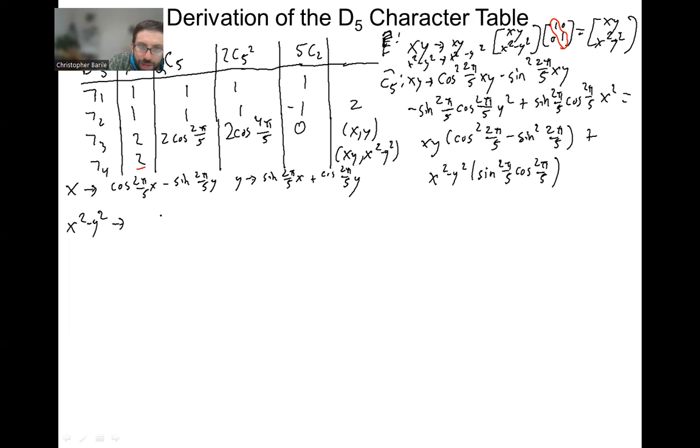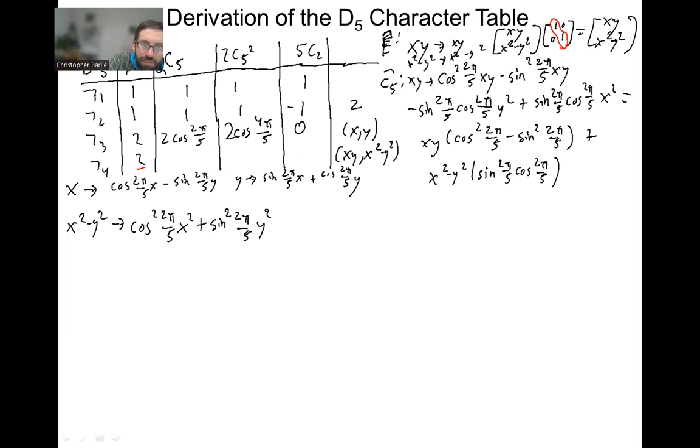A lot of math. So we're going to square this term. I'm not going to rewrite it, but it's going to be this term squared minus this term squared. So I have to FOIL out this term squared. I'm going to have cosine squared 2 pi over 5 x squared. And then this term times itself, sine squared 2 pi over 5 y squared.